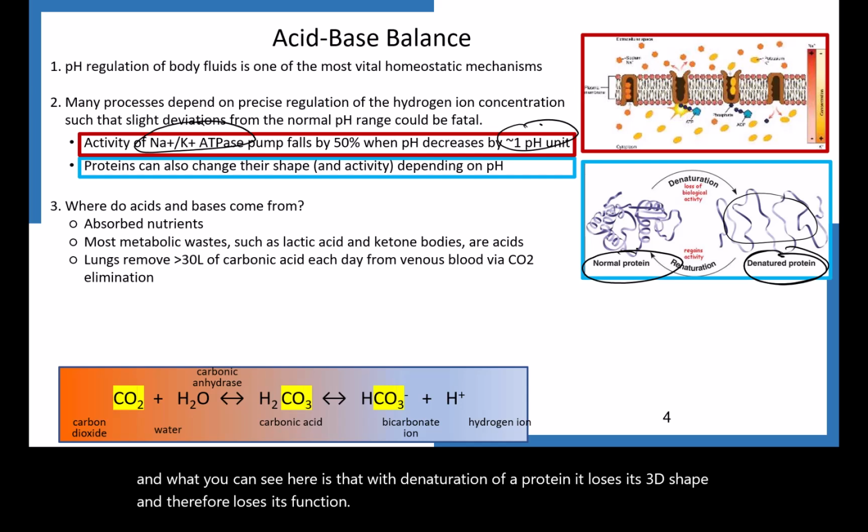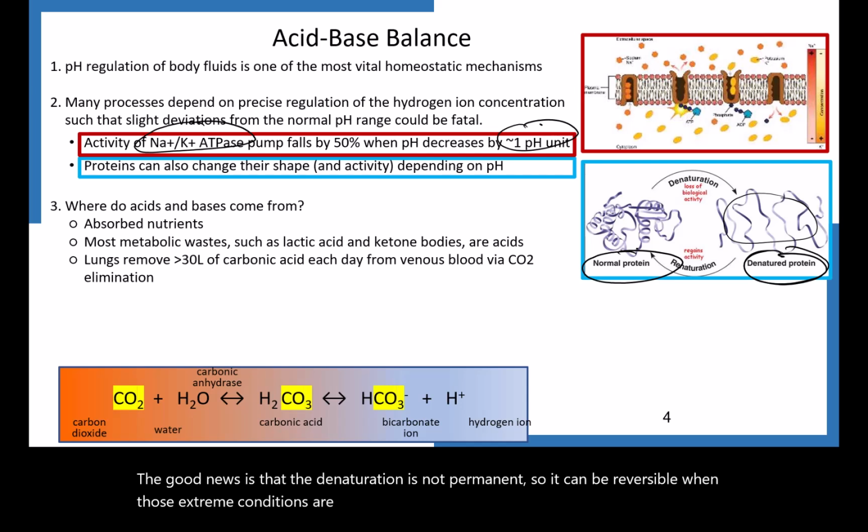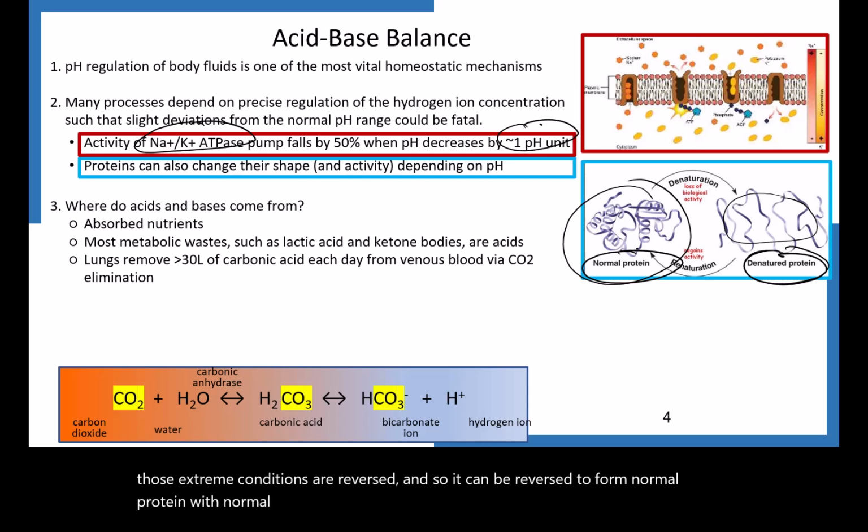The good news is that the denaturation is not permanent, so it can be reversible when those extreme conditions are reversed. And so it can be reversed to form normal protein with normal shape and therefore normal function.